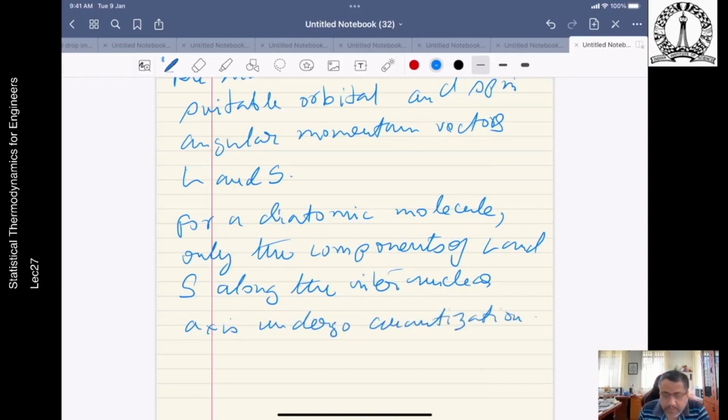This is primarily due to the cylindrical rather than spherically symmetric electronic potential.